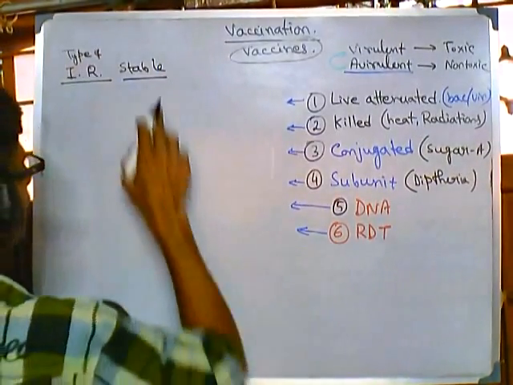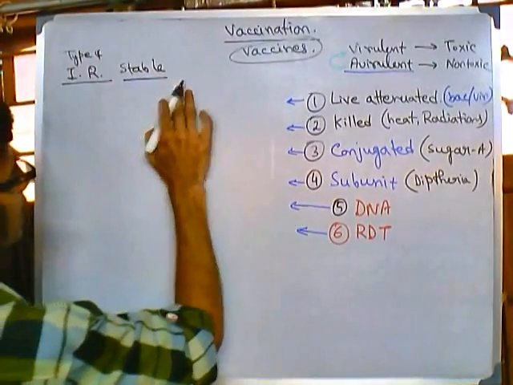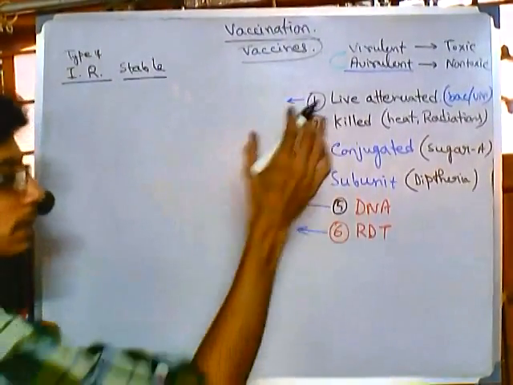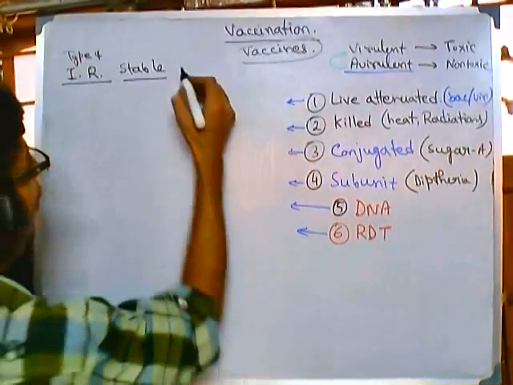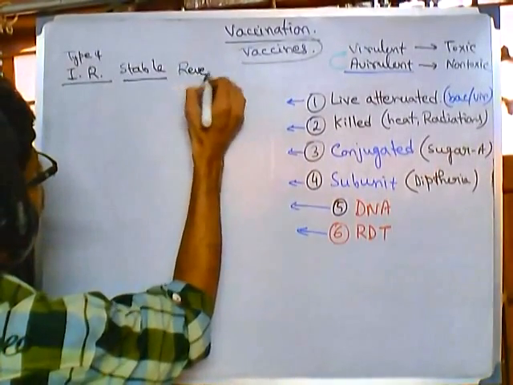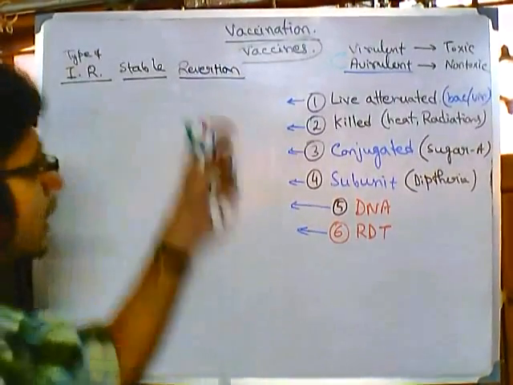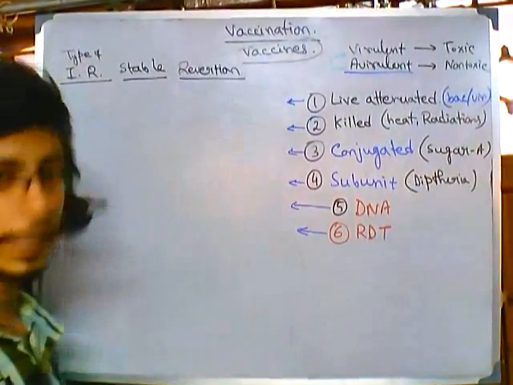The third property we are going to look at is whether the effect of this vaccination can be reverted or not. Reversion, is it possible? Yes or no? We are going to look at three different properties of these vaccination types.